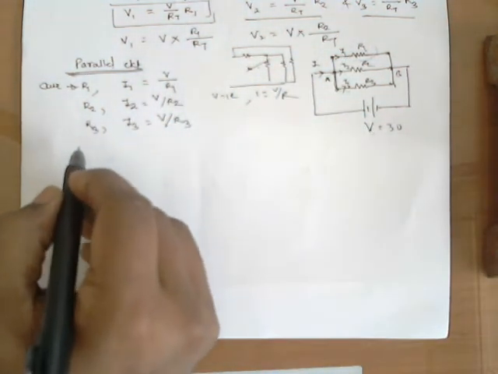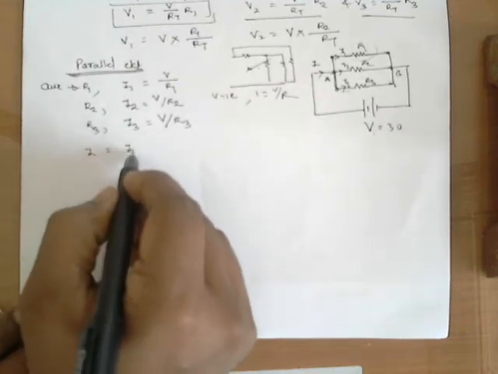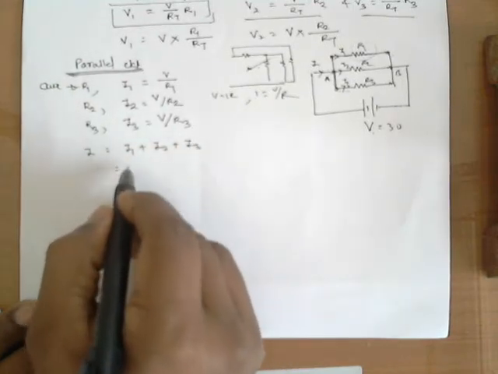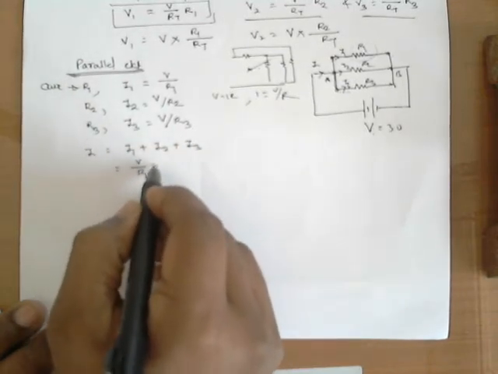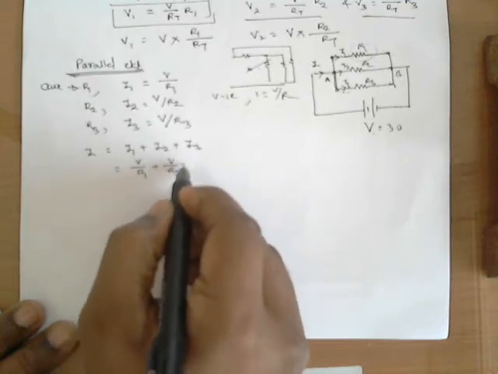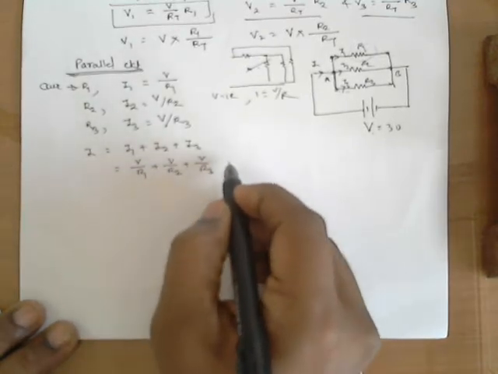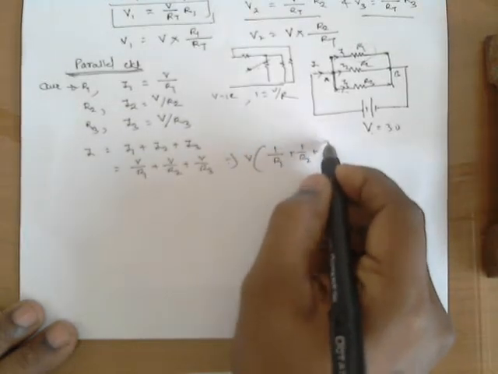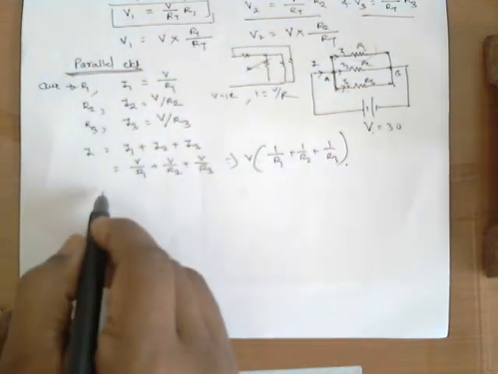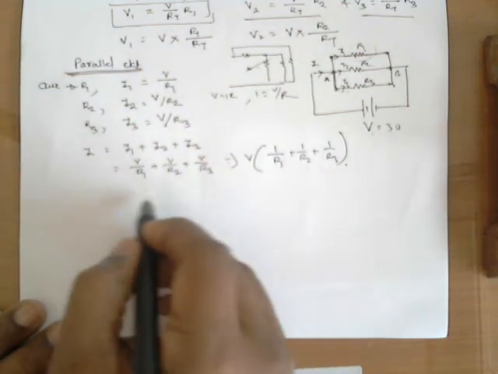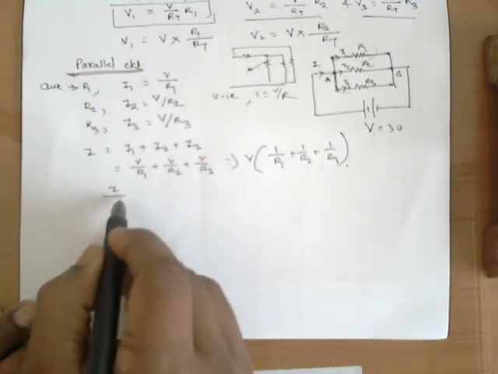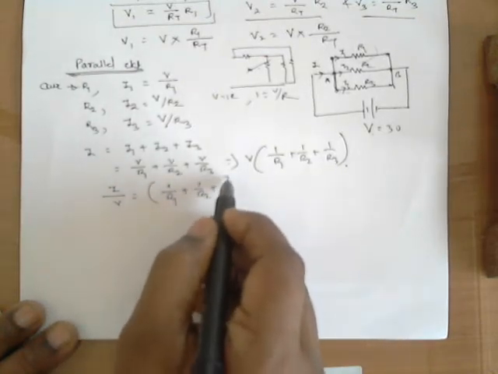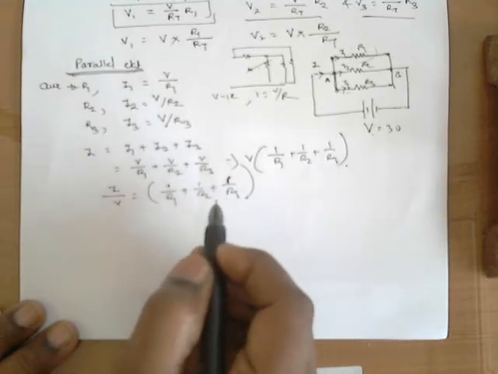So I can write I equal to I1 plus I2 plus I3, or V upon R1 plus V upon R2 plus V upon R3. If I take V common, it will become 1 upon R1 plus 1 upon R2 plus 1 upon R3. If I take this V on the left hand side, it will become I upon V equal to 1 by R1 plus 1 by R2 plus 1 by R3.